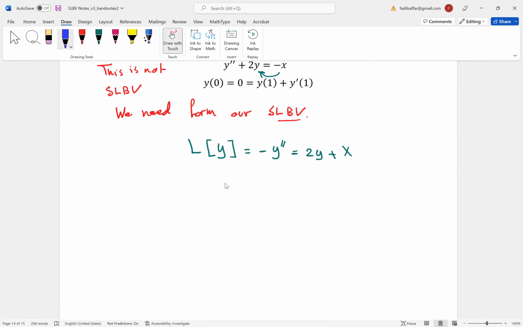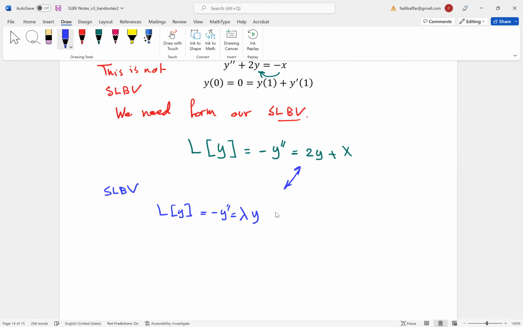And again, let's just try to draw the big picture. This one here from the SLBV problem, we want to find that Ly, by definition, is equal to lambda times y. So this is more like the homogeneous part of it. We're solving it and trying to relate that one to it, just like what we did with other problems.